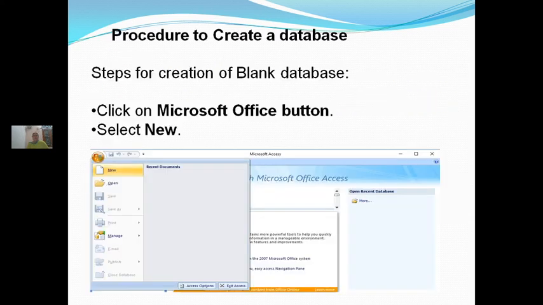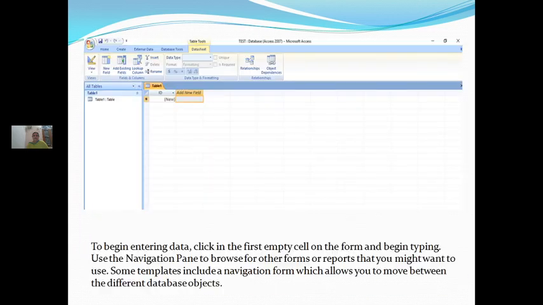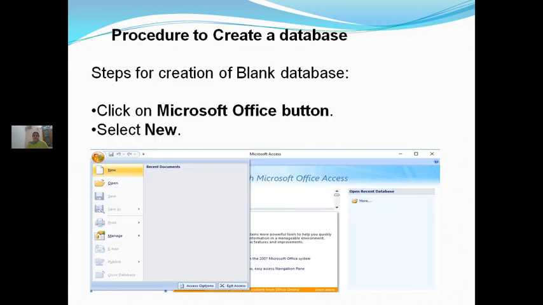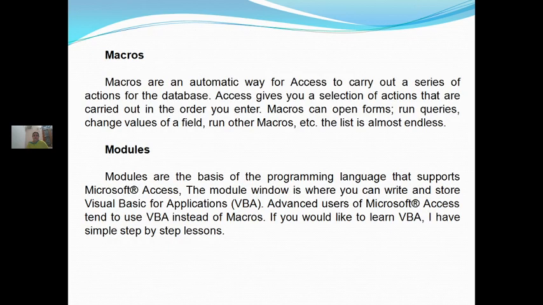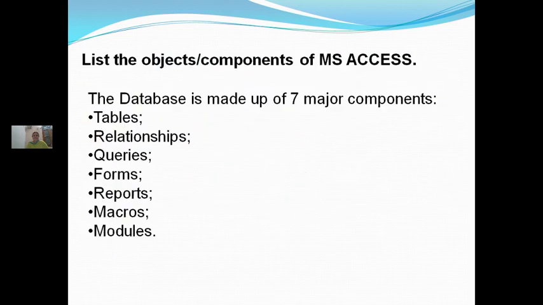And also we discussed the procedure for creating a database, that is a blank database. So what are the steps for creating the blank database? Students, I think you understood today's topics we have discussed in the class.